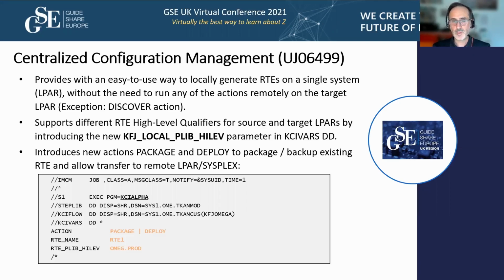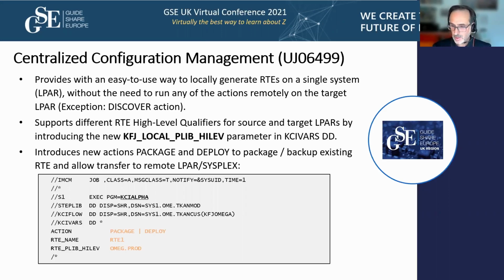That is driven by a KCI bars DD parameter called KFJ_LOCAL_PLIB_HILEV. By specifying that, you can essentially have a mapping member that will allow you to map the local to the target high-level qualifiers in a very straightforward way.